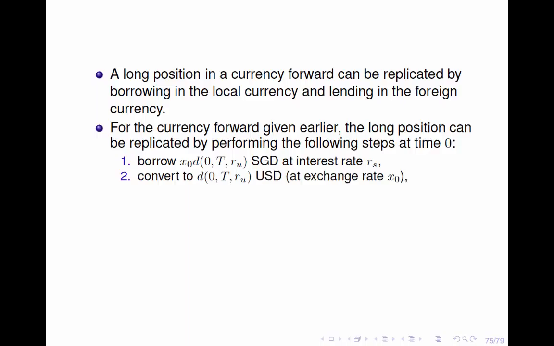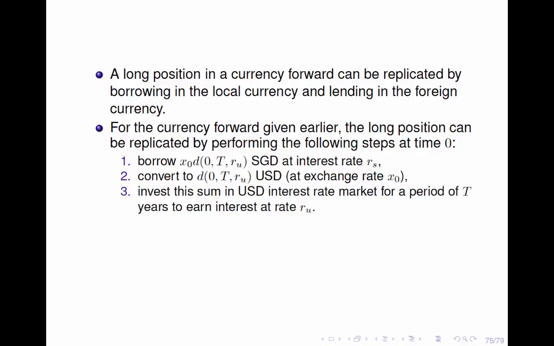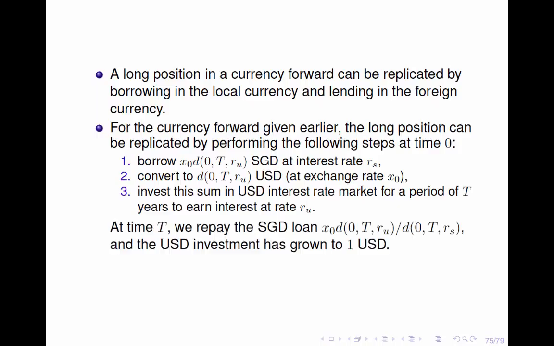Second, convert the Singapore dollars to US dollars at the exchange rate X0. Finally, invest the US dollars in the US dollar interest rate market for a period of T years to earn interest at rate RU. At the maturity time T, we repay the Singapore dollar loan and get back the US dollar investment. This is equivalent to holding a long position of the currency forward at time 0.